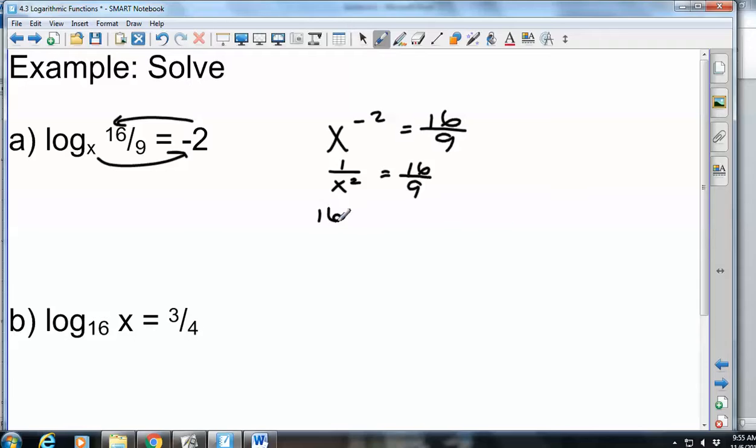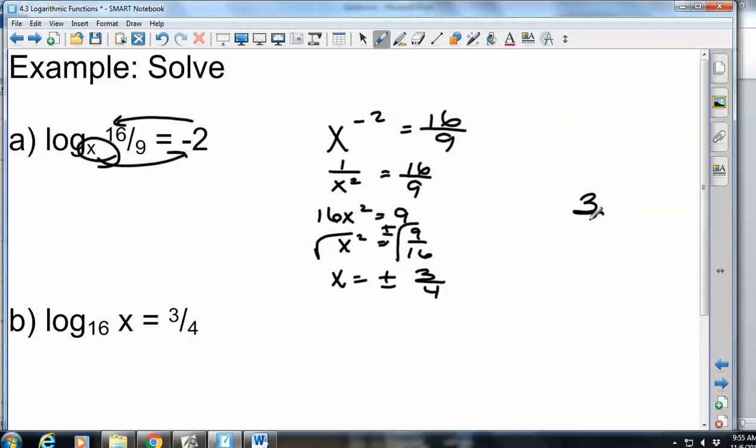Cross multiply. Divide by 16. How do you get rid of a square? With that we do plus and minus. Square root of 9 is 3, square root of 16 is 4. Now check. Are both of those possible answers? No, because the x was the base has to be positive. So positive 3/4 is the only answer that works.